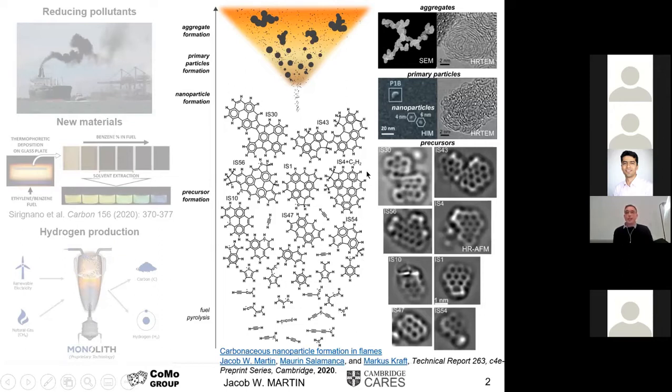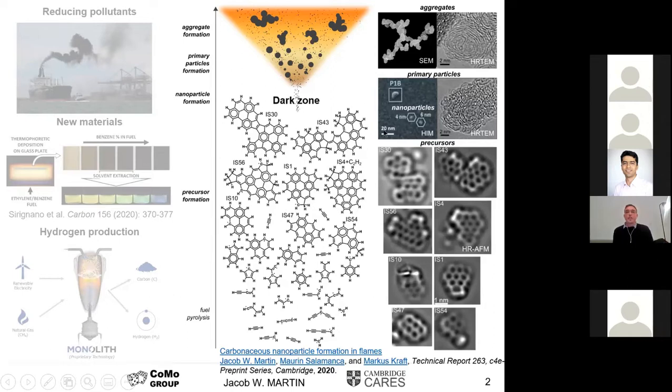These large aromatics I've taken from high resolution atomic force microscopy work you can see on the right here. This was done with a carbon monoxide tip, able to resolve the bonding network, with some really quite remarkable results. And of course, you get these nanoparticles forming that then grow into primary particles, which agglomerate.